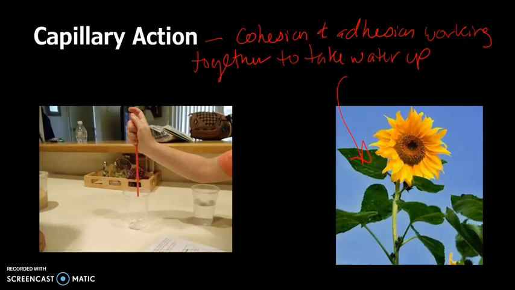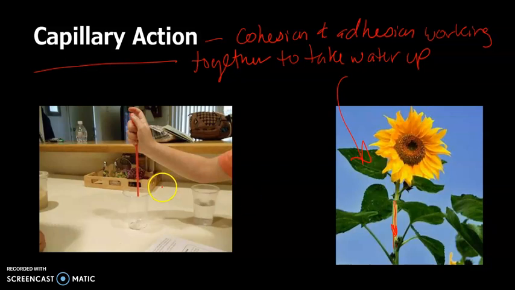So what it does is it takes advantage of capillary action, the cohesion of the water molecules being pulled together, and then the water molecules along the edges of the inside of this water-moving tissue, it's called xylem, it'll move up the edges. So just from cohesion and adhesion working together, the water will actually travel up the plant without it really doing any work. It's just taking advantage of water and its cool properties.